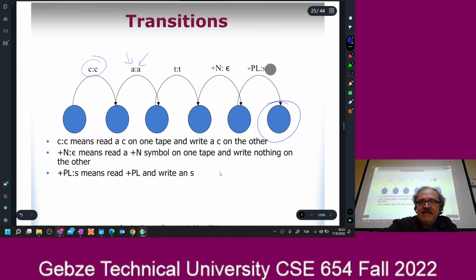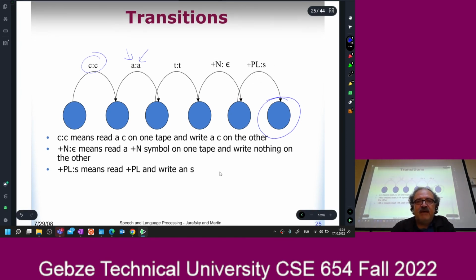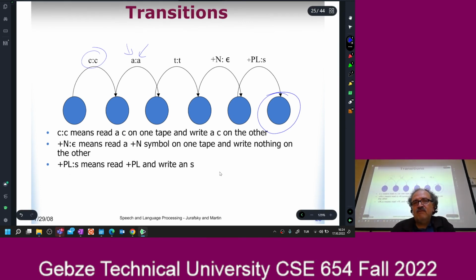When I see an S, I output a PL. PL means plural. Okay, so this is how we are going to update our transitions. What should I output when I read something? And this one is nice, epsilon. Without reading anything, you output a N.